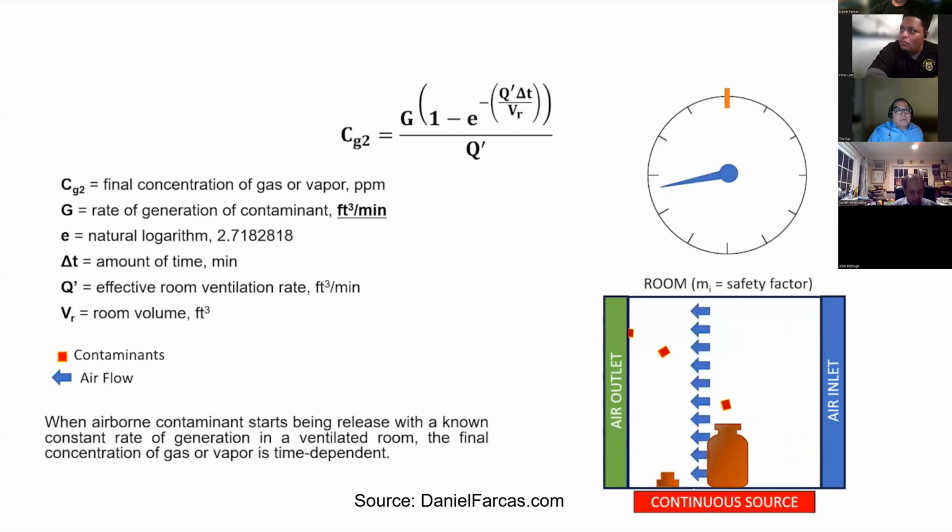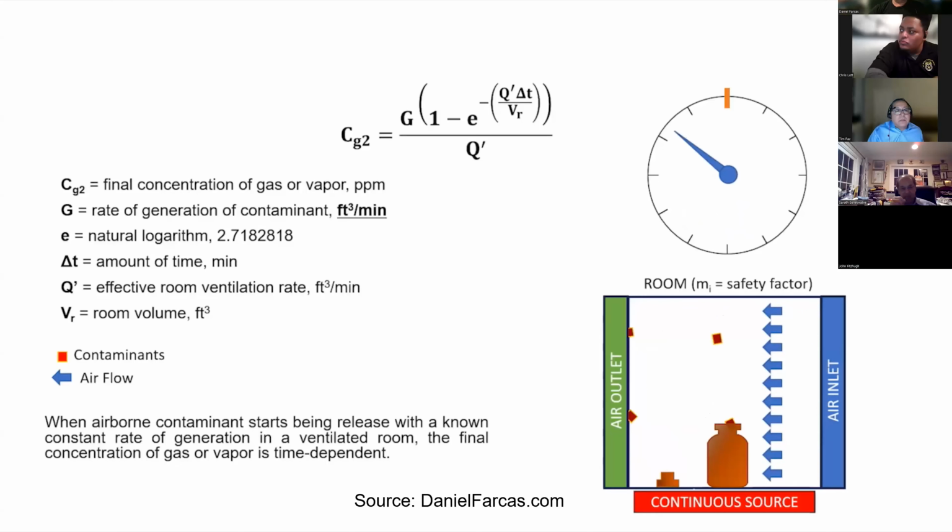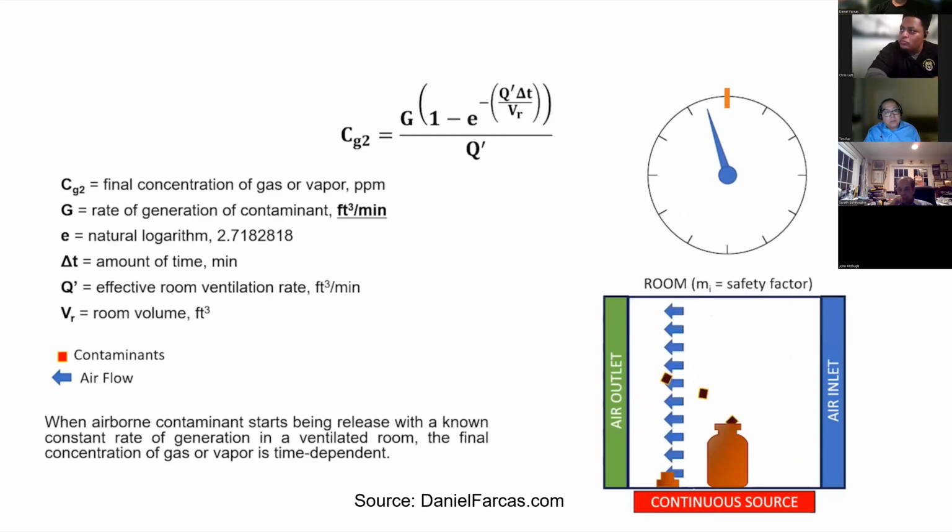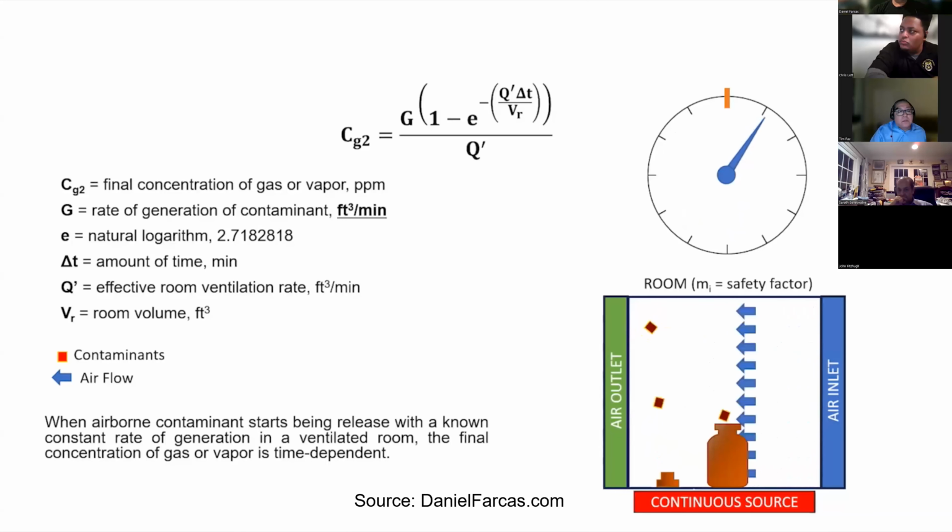Notice that the rate of generation is in cubic feet per minute and not in pints per minute like in equation 20. The natural logarithm, the amount of time in minutes, the effective room ventilation rate in cubic feet per minute, and the room volume in cubic feet.